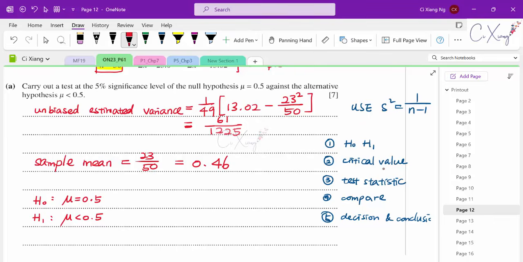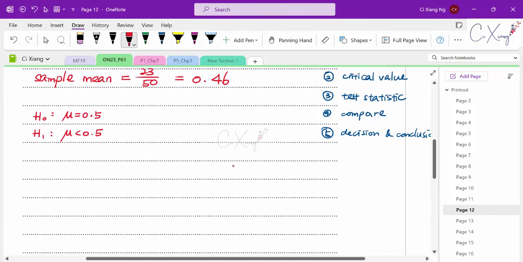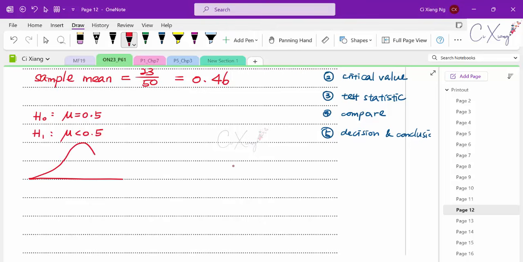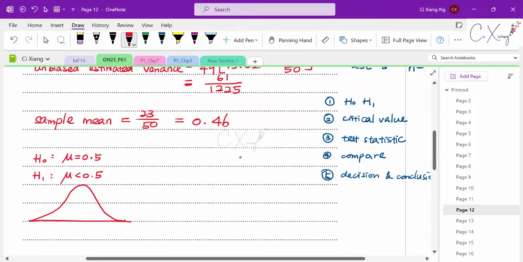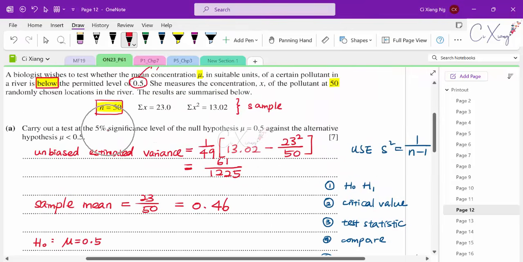For the second step, you should first find out the critical value. To find the critical value, it depends on your significance level. So this is a normal distribution graph, so I just draw a normal distribution curve first. Assume that it is symmetric. What is the percentage of my significance level? 5%.